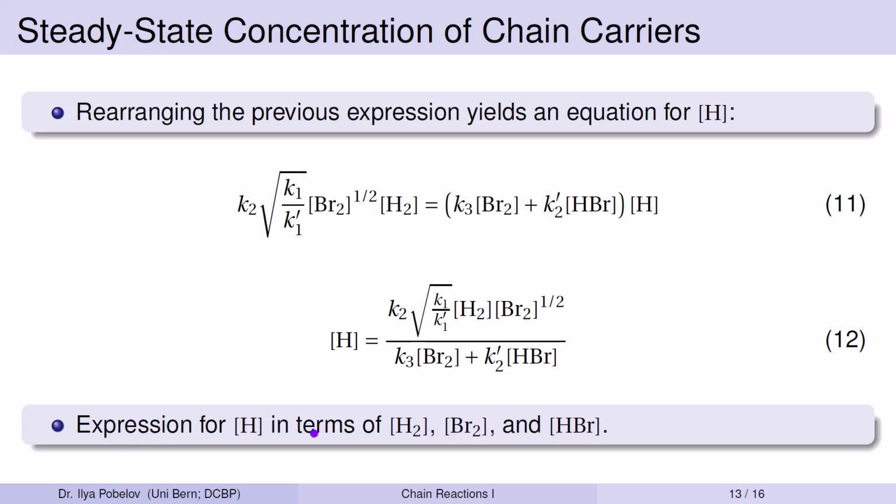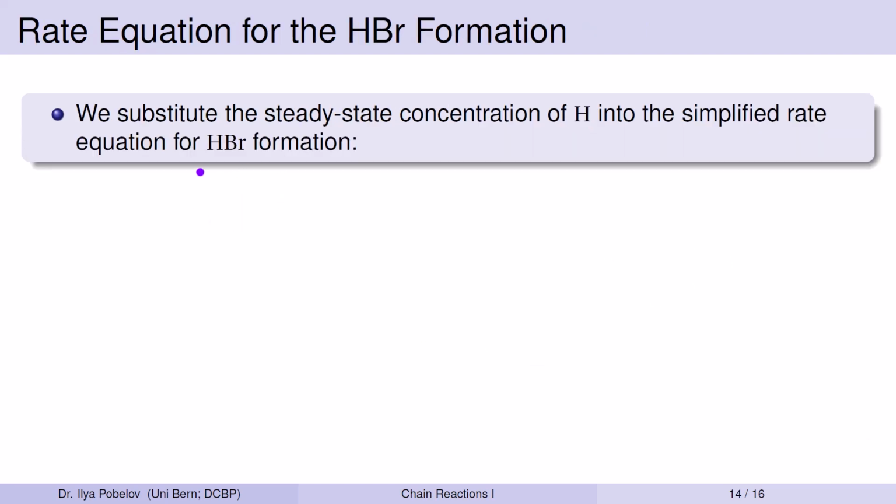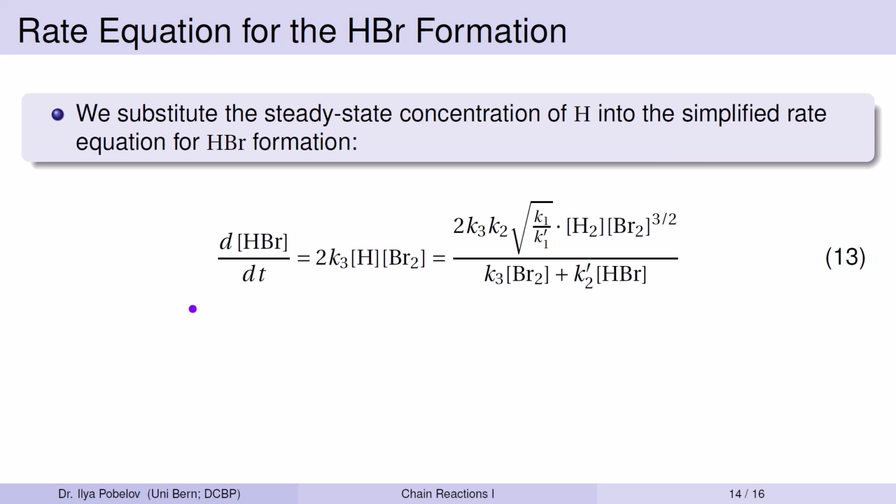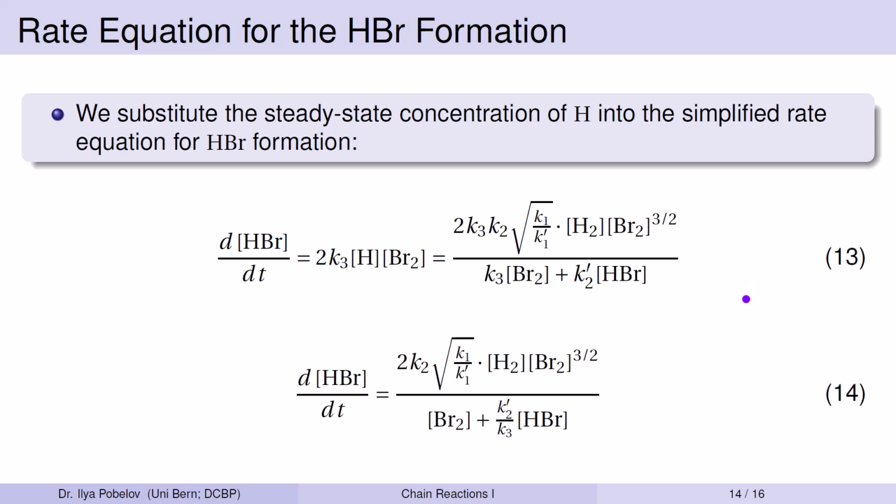Thus, we have an expression for the hydrogen radical concentration in terms of the hydrogen molecule concentration, the bromine molecule concentration, and the hydrogen bromide concentration. Now, we substitute the steady-state concentration of the hydrogen radical into the simplified rate equation for the hydrogen bromide formation. Rearranging, we obtain the following expression.